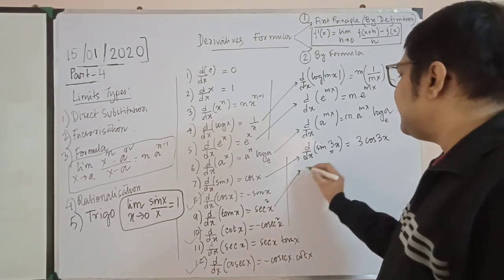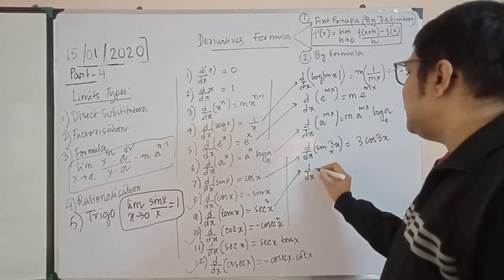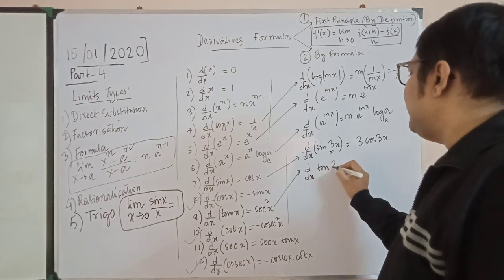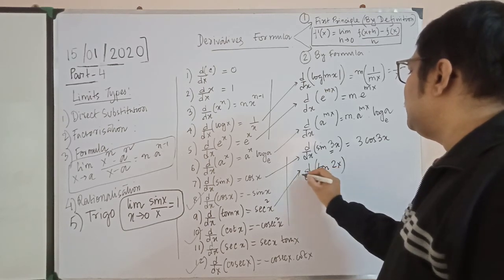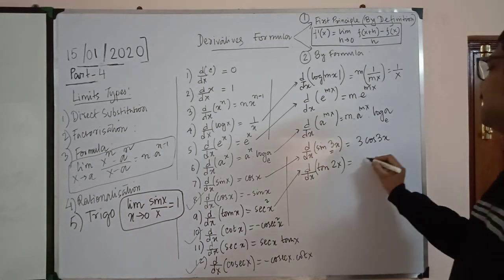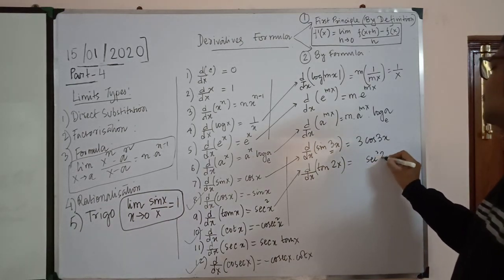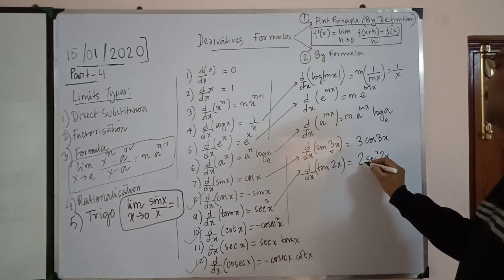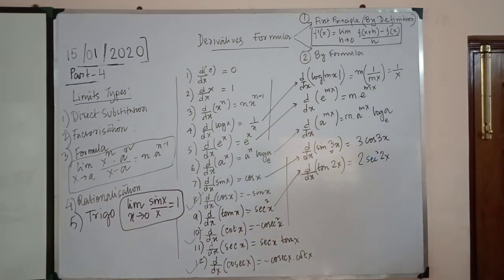Say tan x, if I write d/dx of tan 2x, it will be sec square 2x, but a 2 will be written outside.